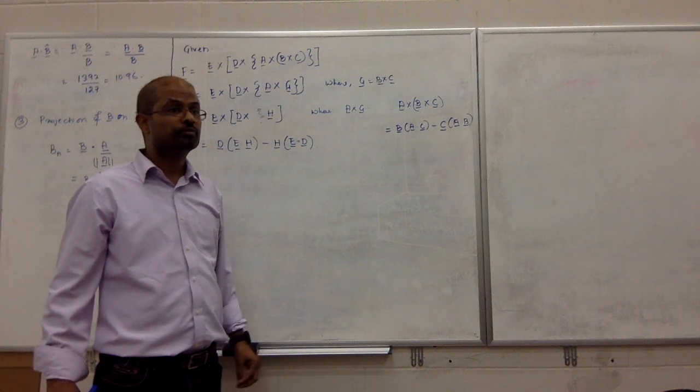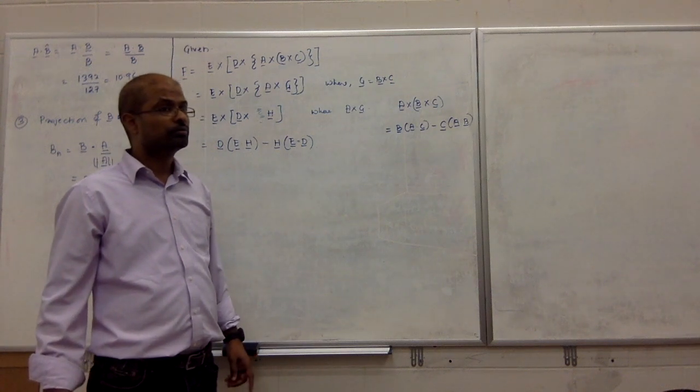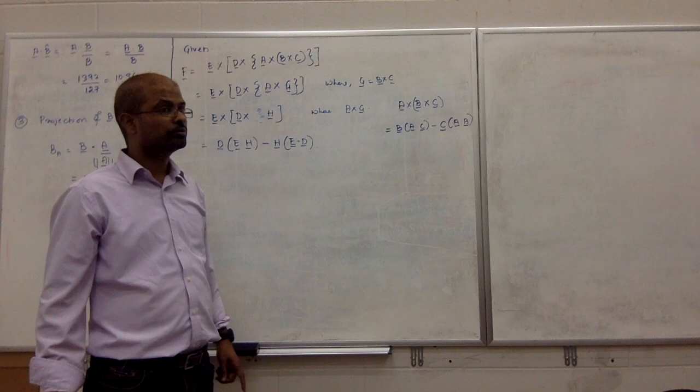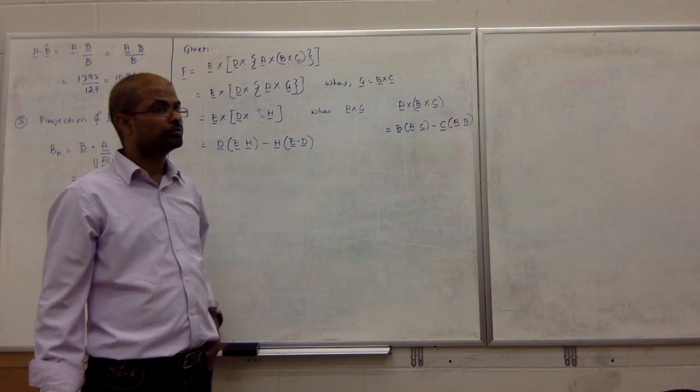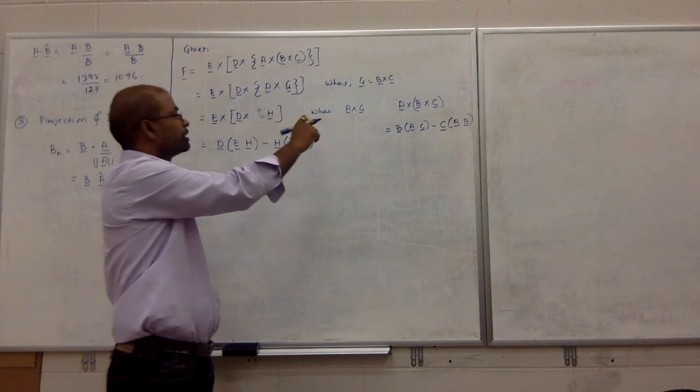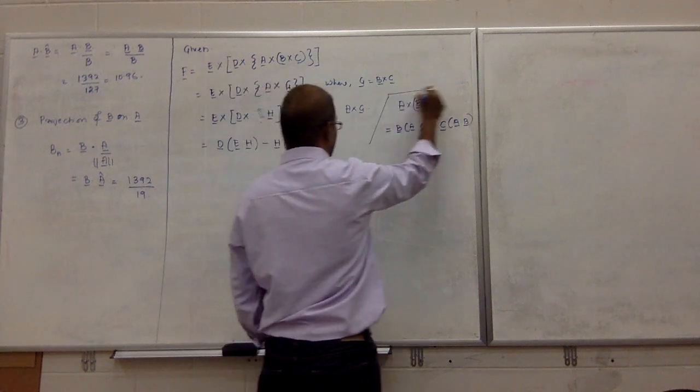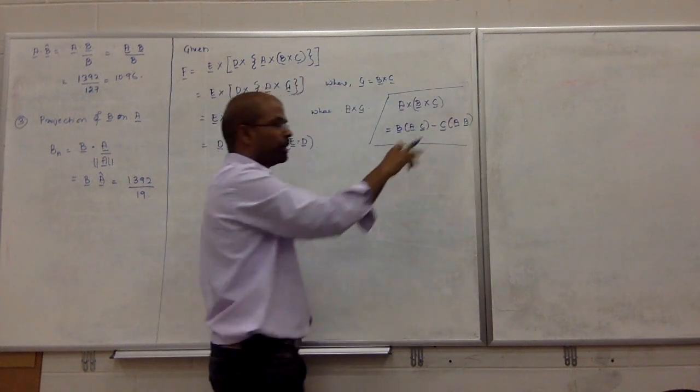Where are the loss? I found the loss. When you made G represent B cross C, I have not changed anything. So this is a separate thing. The BAC minus CAB rule, we have discussed this. This applies to any three vectors.